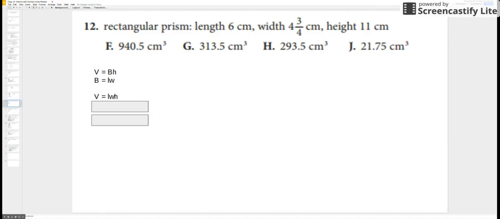So our volume is length times width times height. Our length is 6 times our width, I'm going to say 4.75 instead of 4 3/4, just so it's easier for you to put in your calculator. So 6 times 4.75 times 11, and your volume ends up being 313.5.